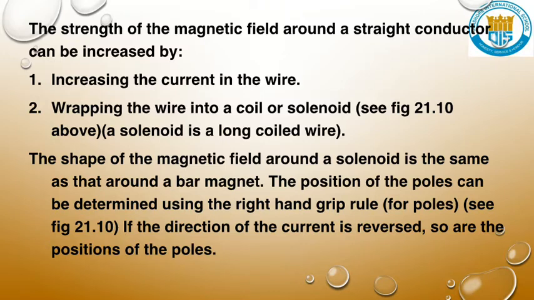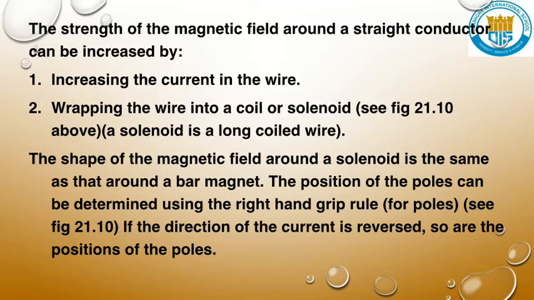You will find what the magnetic field around the bar magnet is. Now, the position of the poles can be determined using the right hand grip rule for poles. If the direction of the current is reversed, then you also reverse the direction of the poles.